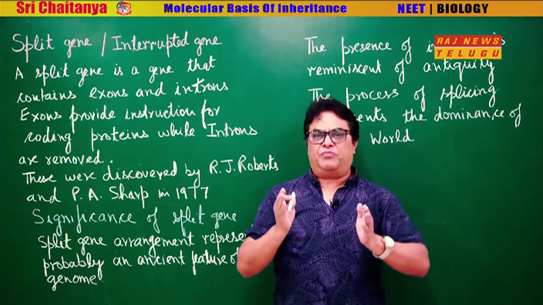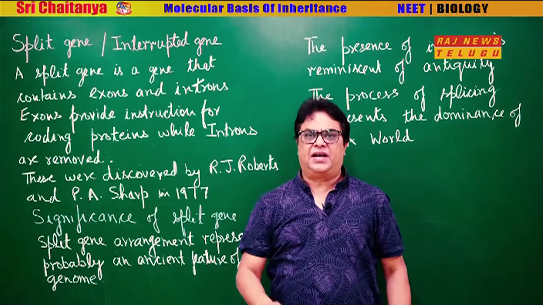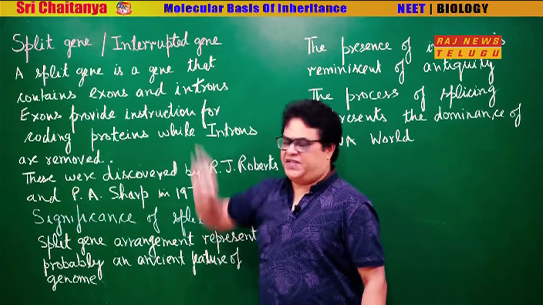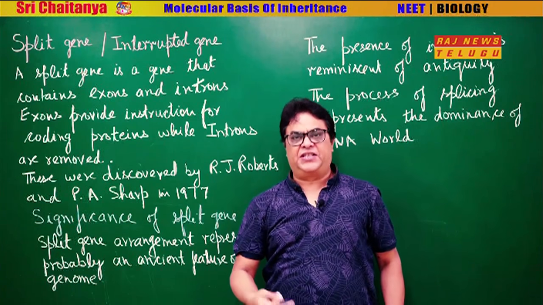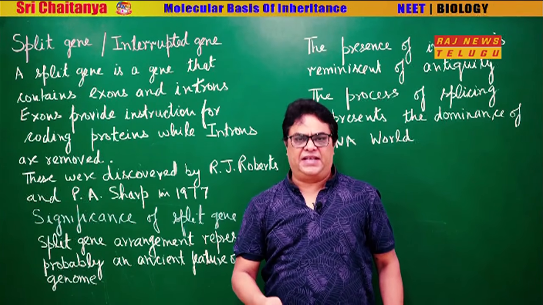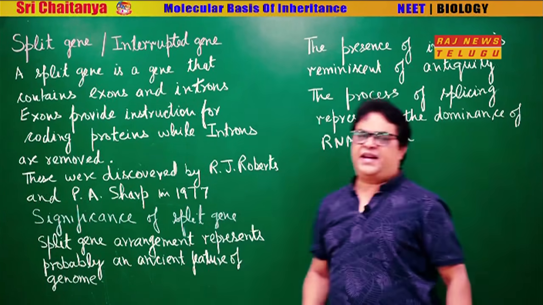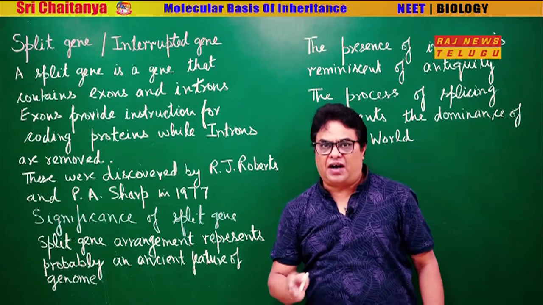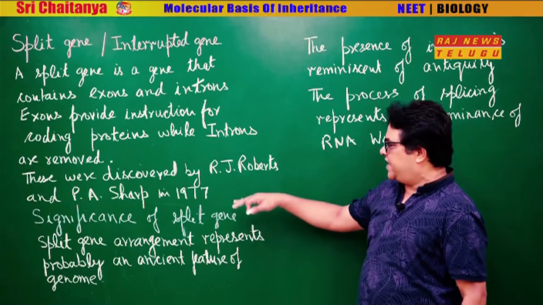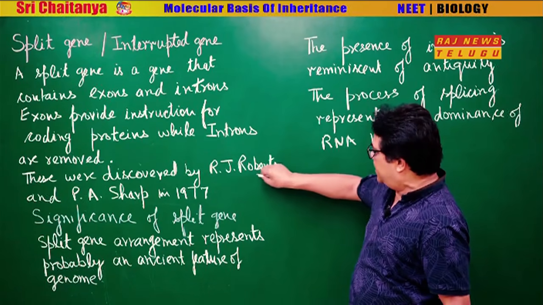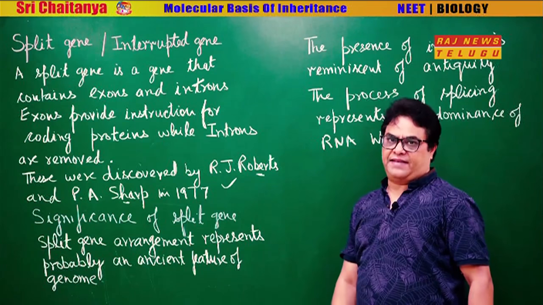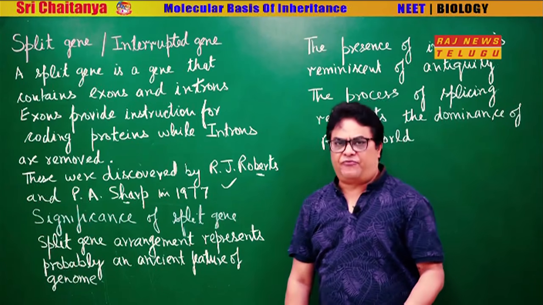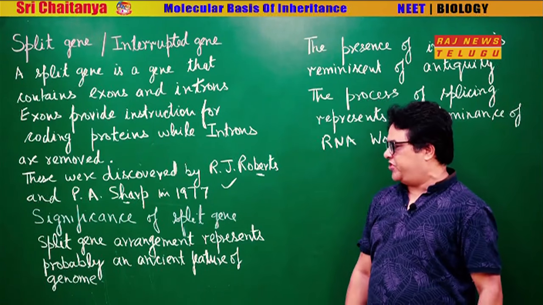Most of the eukaryotic genes are split genes. There are a few exceptions, like genes for interferons and genes for histone proteins. These are not split genes, but by and large eukaryotic genes are split genes, and these were discovered by Roberts and Sharp in 1977.